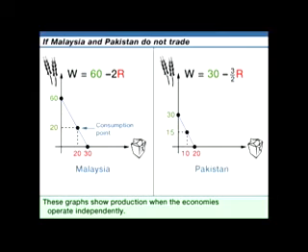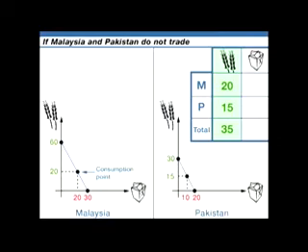Now, let's show how, by cooperating, Pakistan and Malaysia can improve their situation. How, by cooperating, Pakistan and Malaysia can produce more wheat and more rice than they are producing operating independently. First, let's notice how much they are producing together when they're operating independently. Malaysia is producing 20 bushels of wheat.